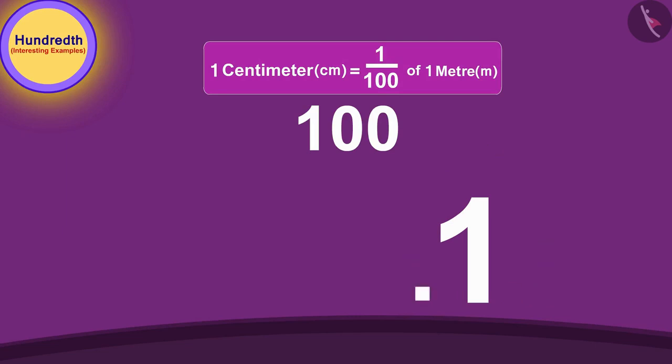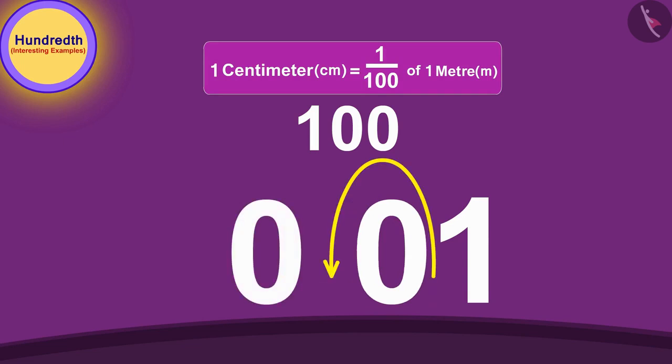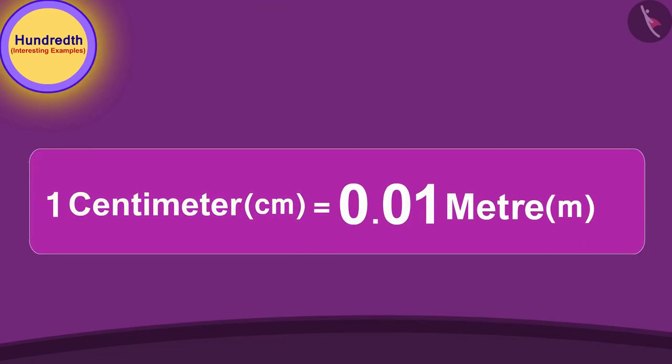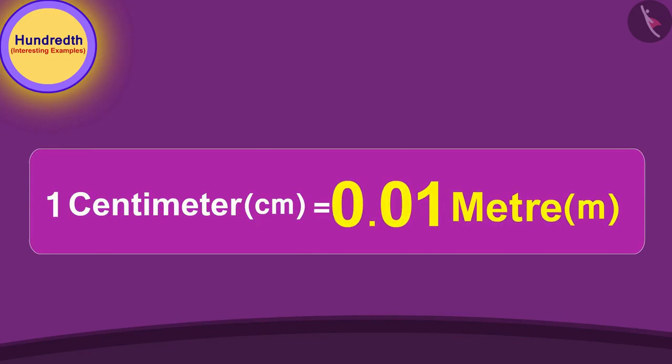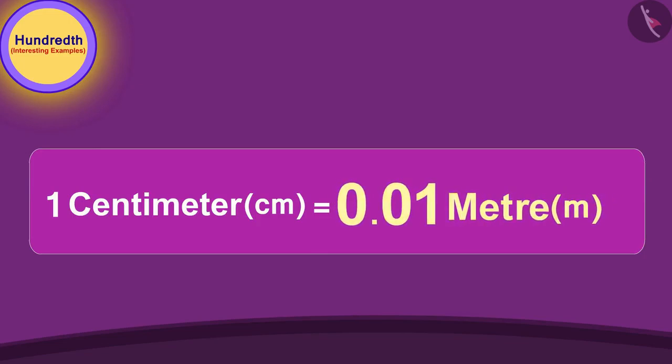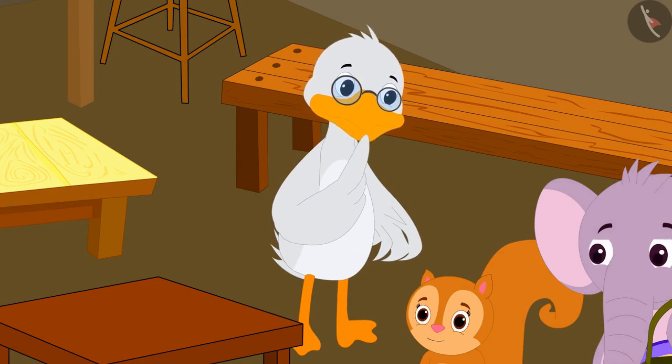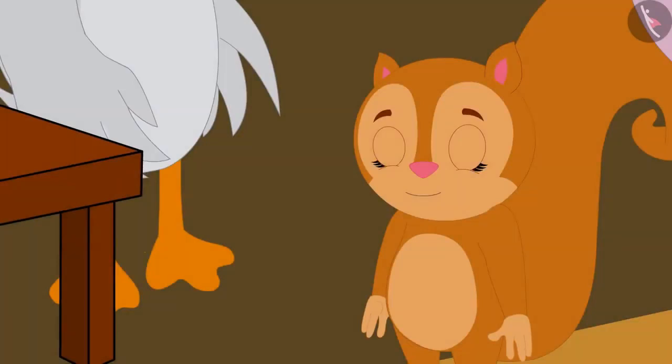And because this number only has 1 digit, we can add a 0 on the left side and then slide the decimal point to the left for the second time. In this way, 1 centimeter becomes 0.01 meter. Uncle explained to Chanda.